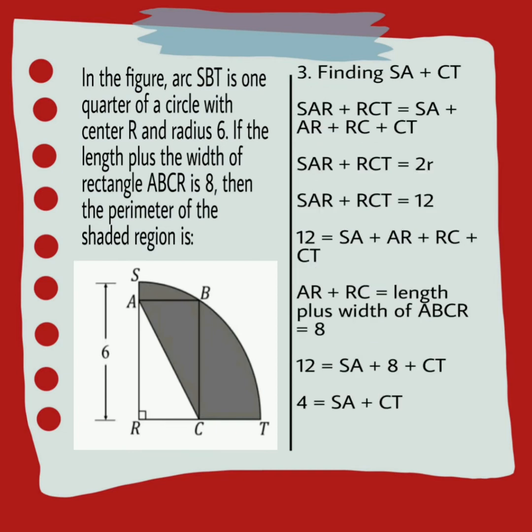To find SA and CT, we look at what information we have left that we can use. What they've given us is that the length plus the width of rectangle ABCR is 8. So AR, from top to bottom of the rectangle, plus RC, the width of the rectangle, equals 8.